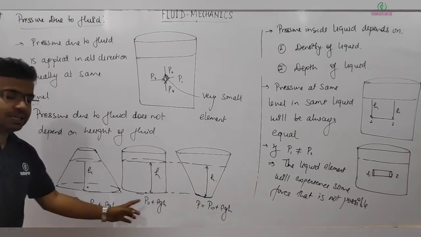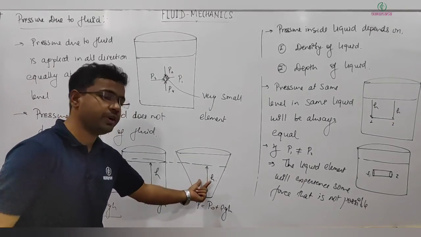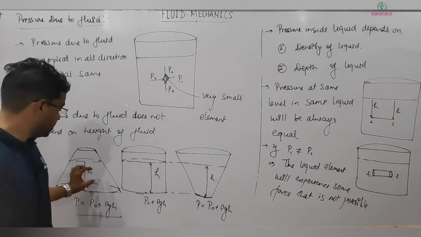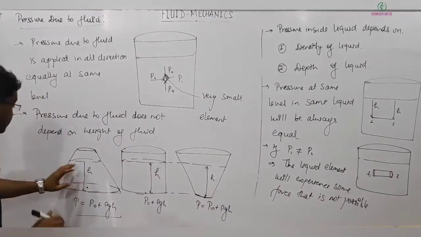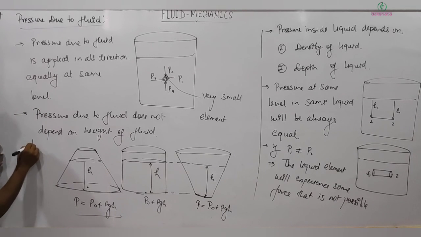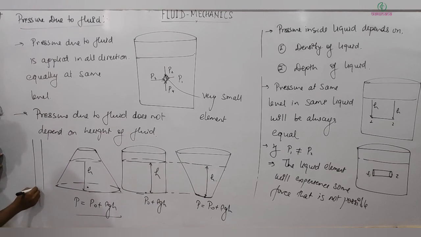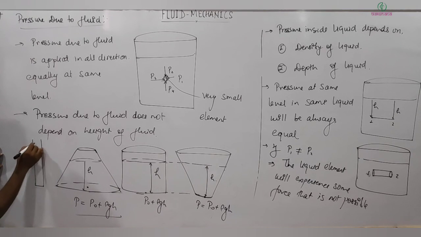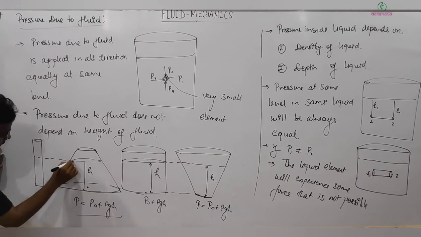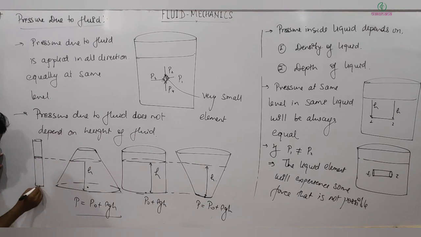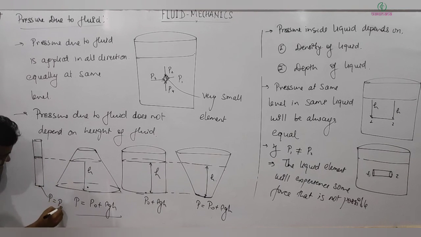So you can see in all situations the weight of the fluid is different, but still because it depends on only height, even if I am considering a very small tube, and here also fluid is filled up to this level, then pressure at this point will be again P naught plus rho g h.